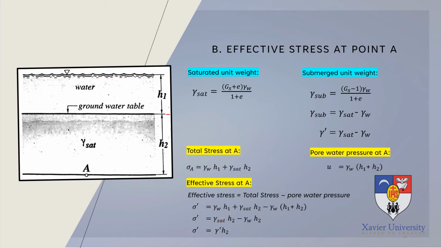This equation here is the total stress, and this equation is the pore water pressure at A. Simplifying, we can use the formula for effective stress at point A if the situation is given like this, and that would be equal to our submerged unit weight times H2, where the submerged unit weight is gamma saturated minus gamma water. So we can simply use this equation whenever we are presented with this kind of soil profile.